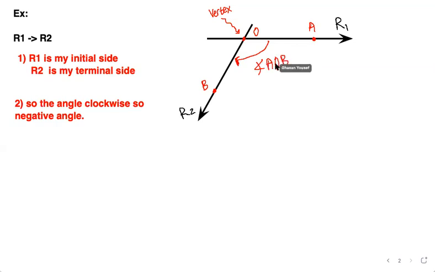Whatever the angle is, it must be negative because the rotation is clockwise. It will be negative 30, negative 40, negative 120, negative 150, whatever the angle is, it must be negative. Any question for this?